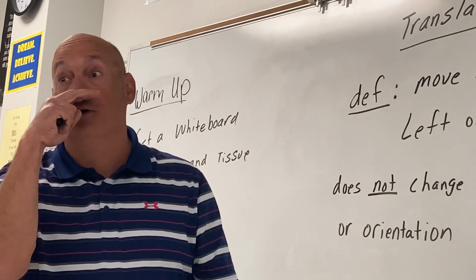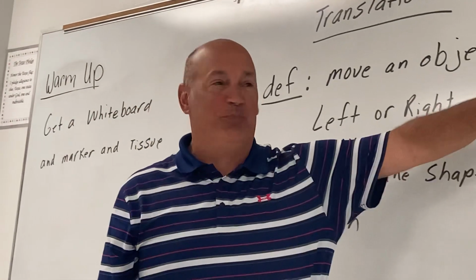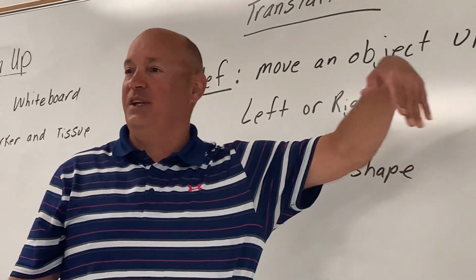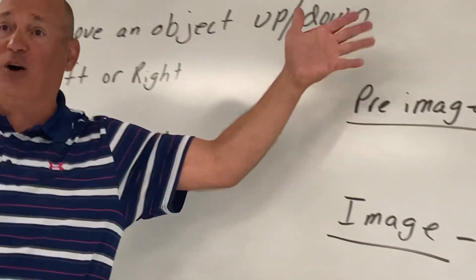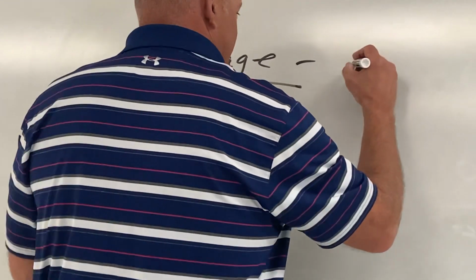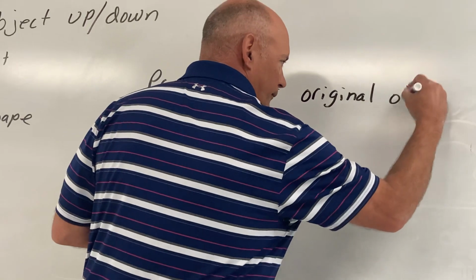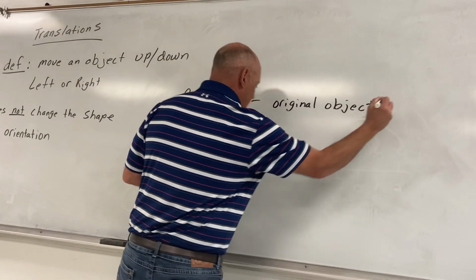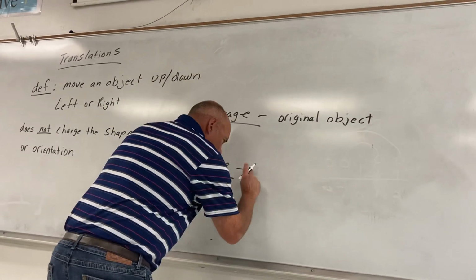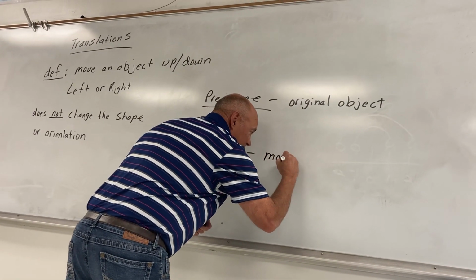Anyway, the pre-image is the original. Before we take the picture, we have to have something there, right? So the pre-image is the original shape or the original object. The image is the one after we moved it, the moved object.